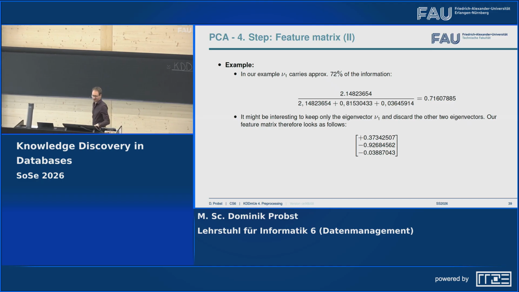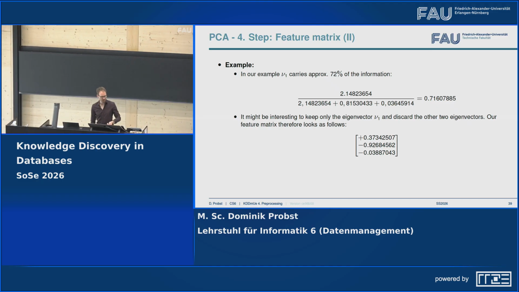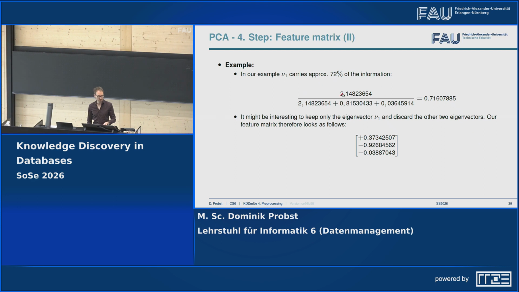If I would take, for example, only the best eigenvalue, which is 2.148, and divide it through all the eigenvalues added up, you end up with 0.716.